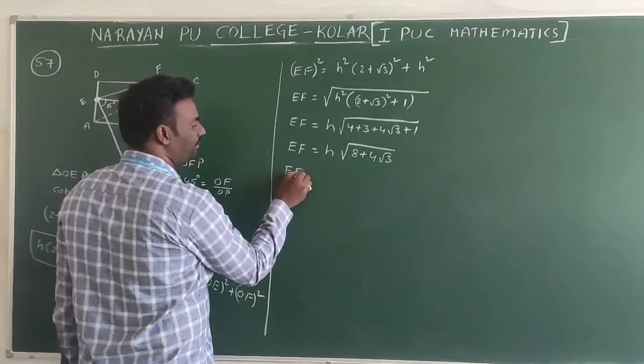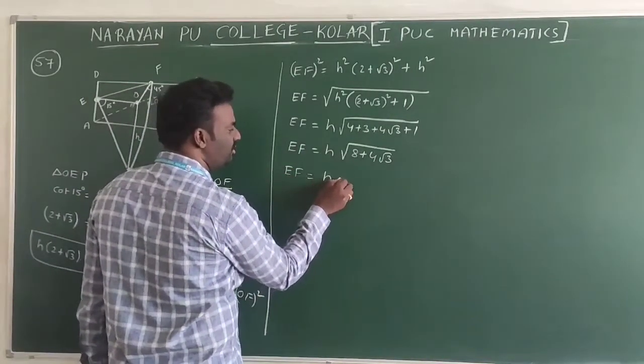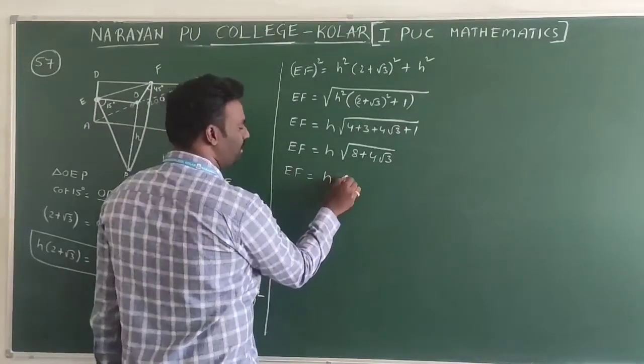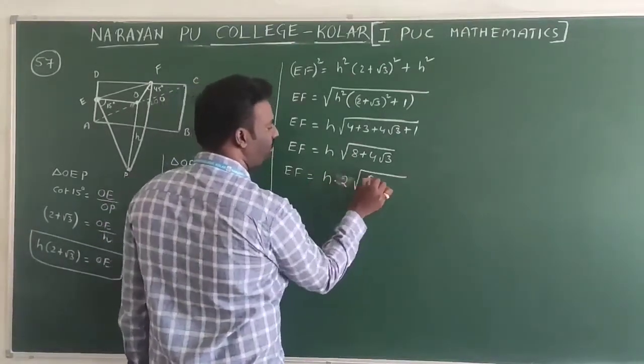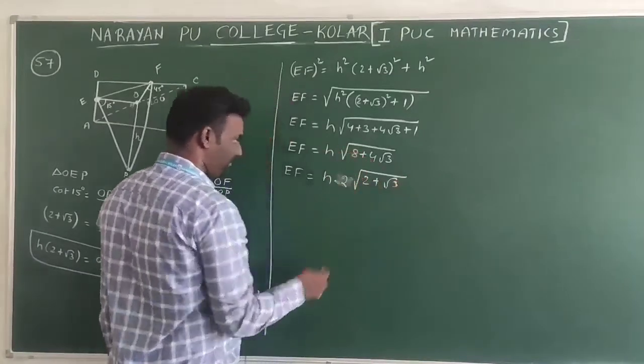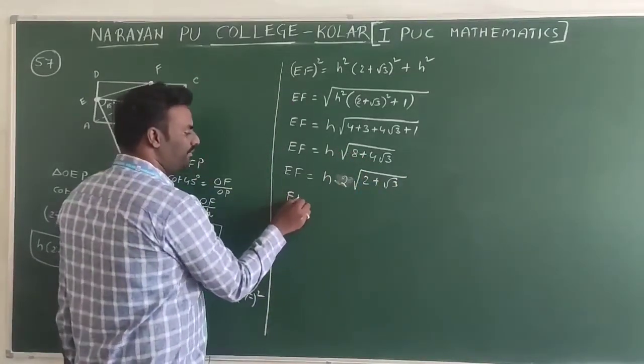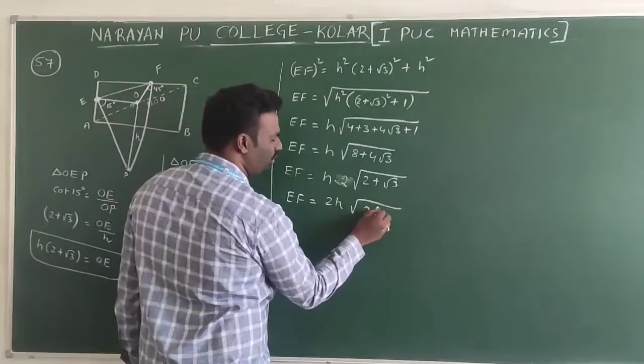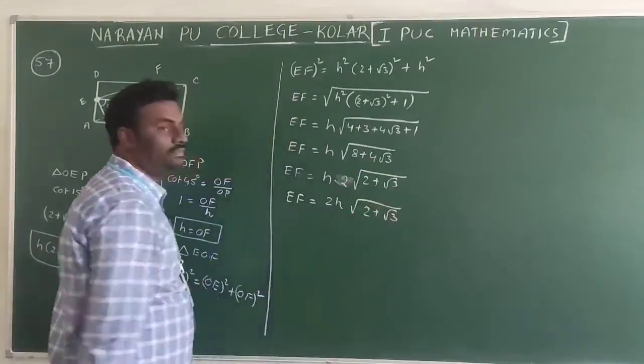Then EF is equal to H into, if you take 4 common inside, it will come outside as 2, root of 2 plus root 3. Then EF is equal to 2H into root of 2 plus root 3.